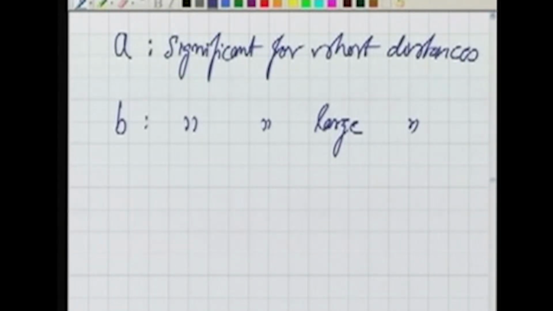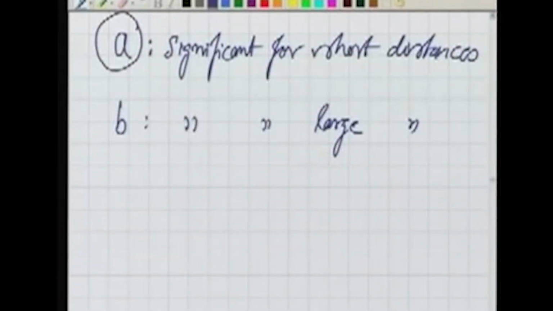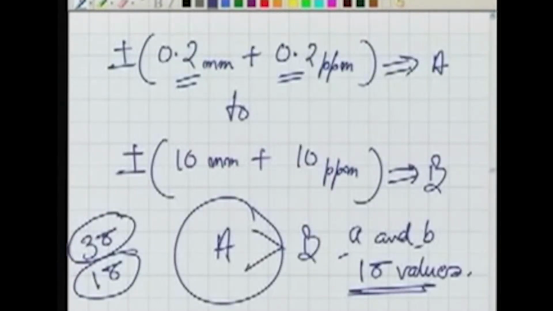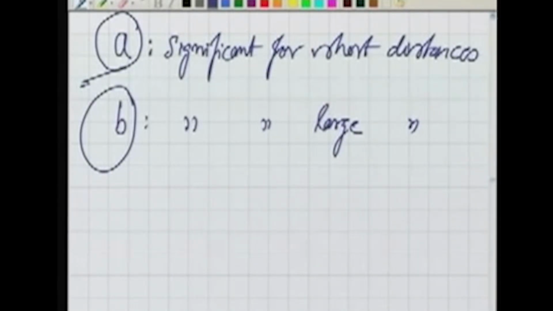If you are going for an EDMI and you want to use it for small distances, your job is not to work on large distances, then you should look for an EDMI which has this small value of A. While if your job is to go for a measurement of large distances, then A can be large. Because as we have seen here, A, the instrument error, is constant.